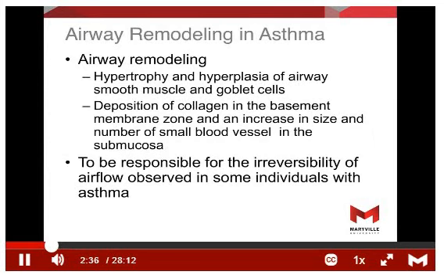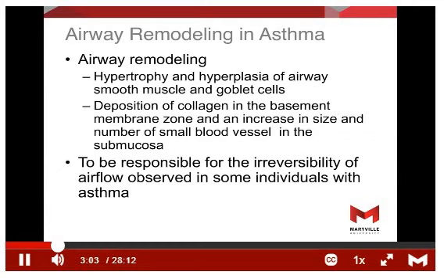Airway remodeling. So airway remodeling is a hypertrophy and hyperplasia of airway smooth muscles and goblet cells that leads to deposition of collagen in the basement membrane zone and an increase in size and number of blood vessels in the submucosa. So it's almost like you think about asthma and you think about peripheral vascular disease and how the blood clots, because of the clogs, will form new ways to get the blood flow around. The same thing.